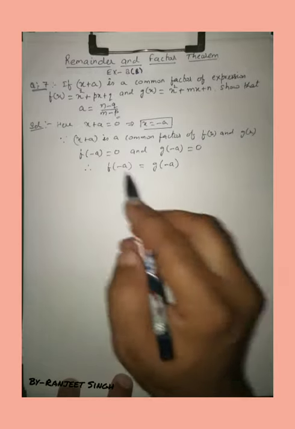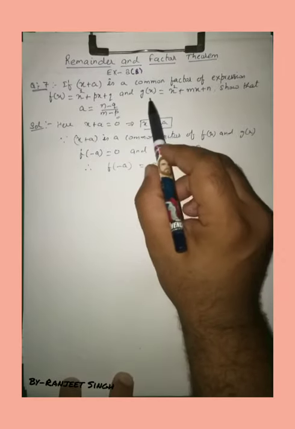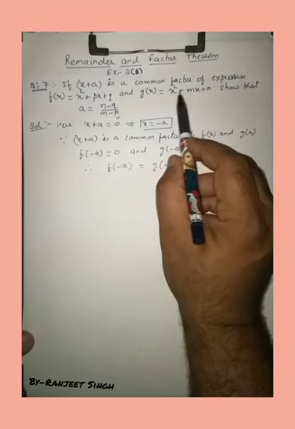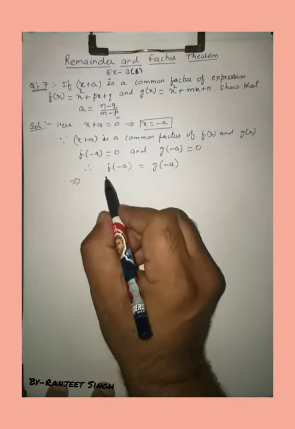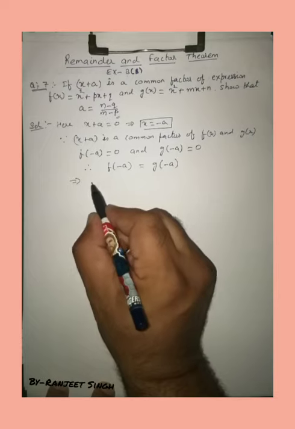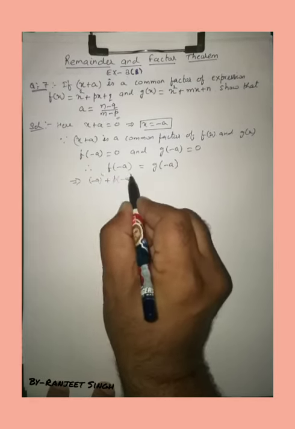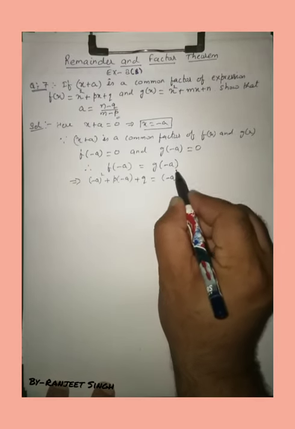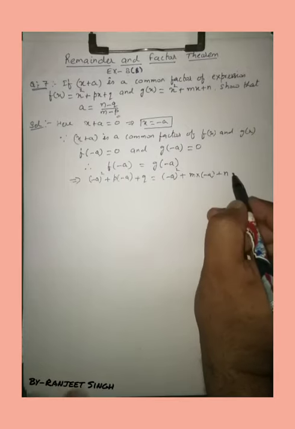Now in the expression f of x, x will be replaced by minus a, and also in the expression g of x, x will be replaced by minus a. So this implies minus a square plus p multiply minus a plus q is equal to minus a square plus m multiply minus a plus n.